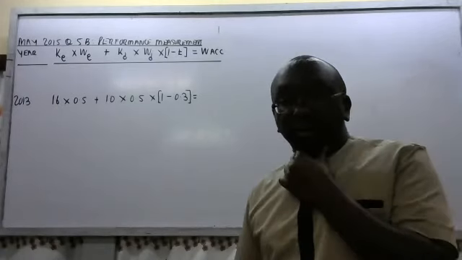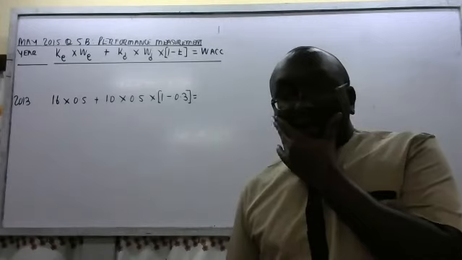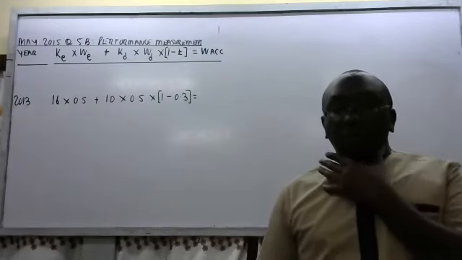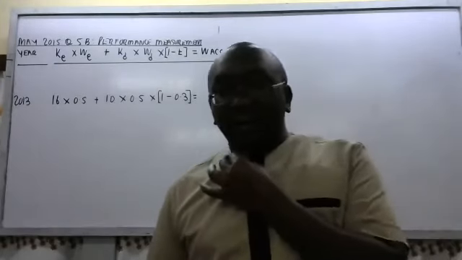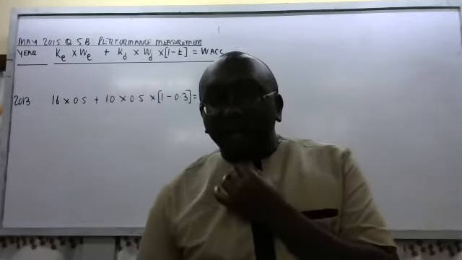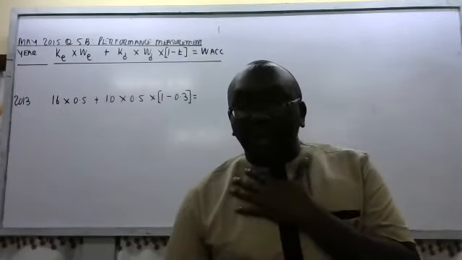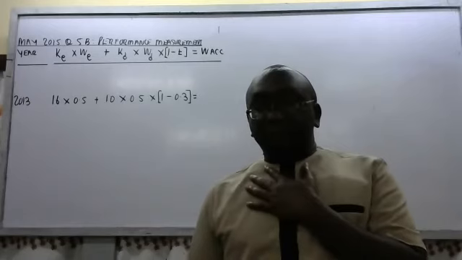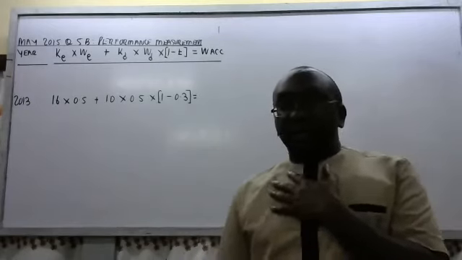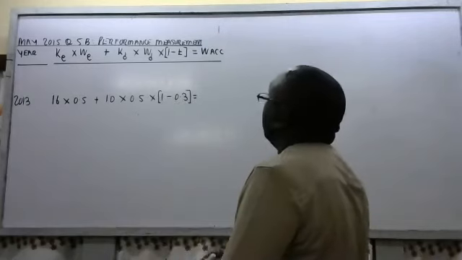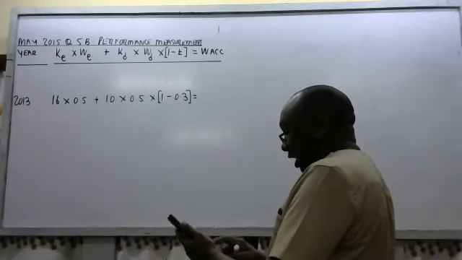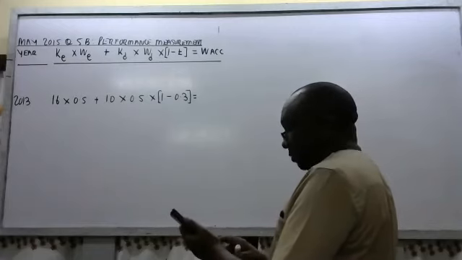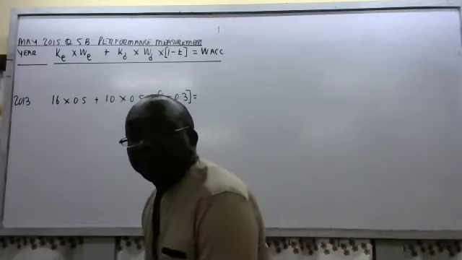You seem to disagree. Someone else. Some people are getting 9.1, others 11. Now let me count how many are the majority, so that I go by that, or I also become a witness, where I will say 16 times 0.5 plus 10 times 0.5 times 0.7, 11.5.